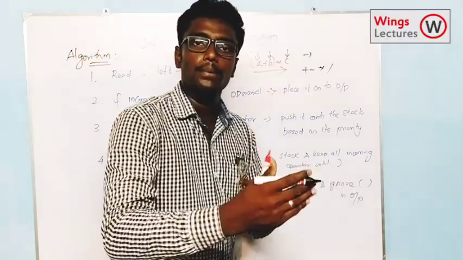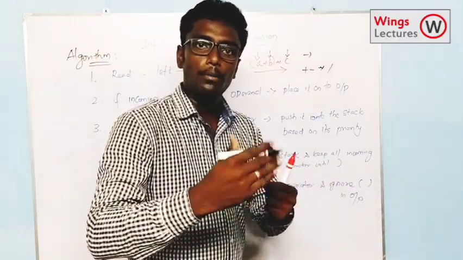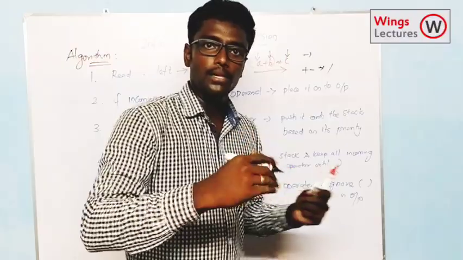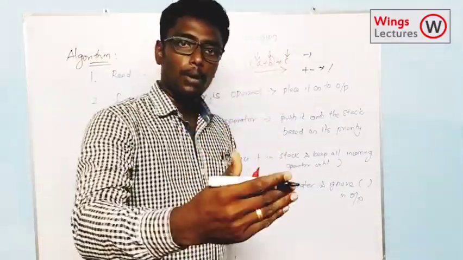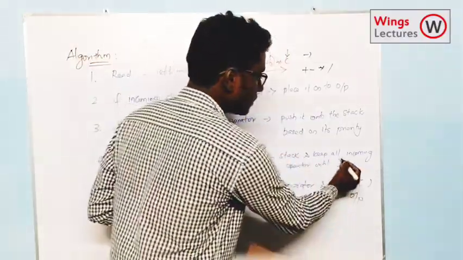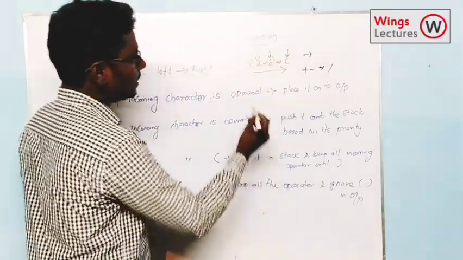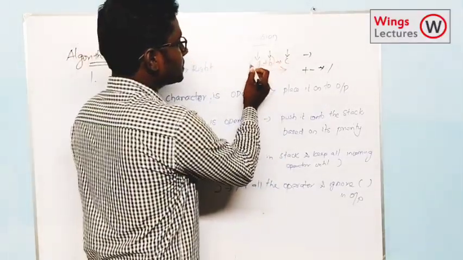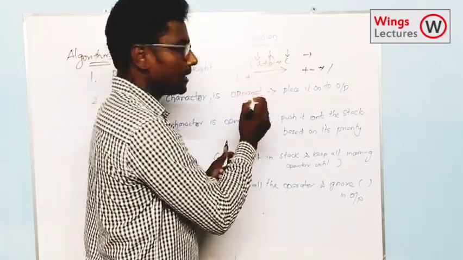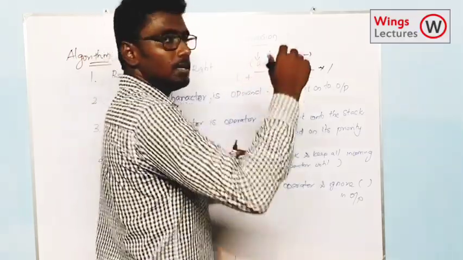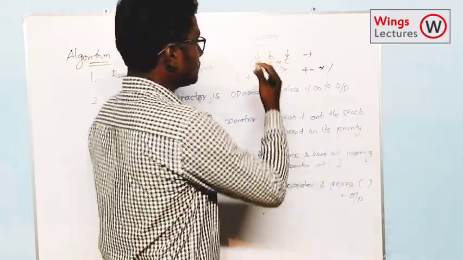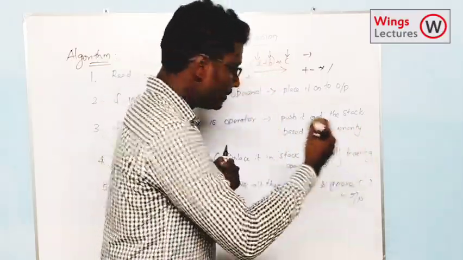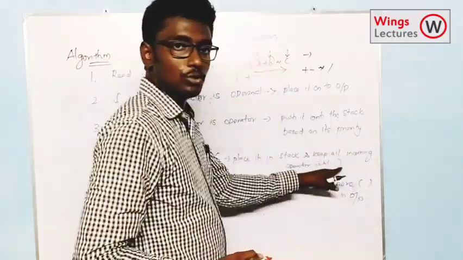We can't perform any pop operation from the stack until we encounter the closed bracket. For example, if I started here, I can't compare this open bracket with the plus. So I have to wait until the closed bracket comes, and until then I have to keep all the operators in the stack.